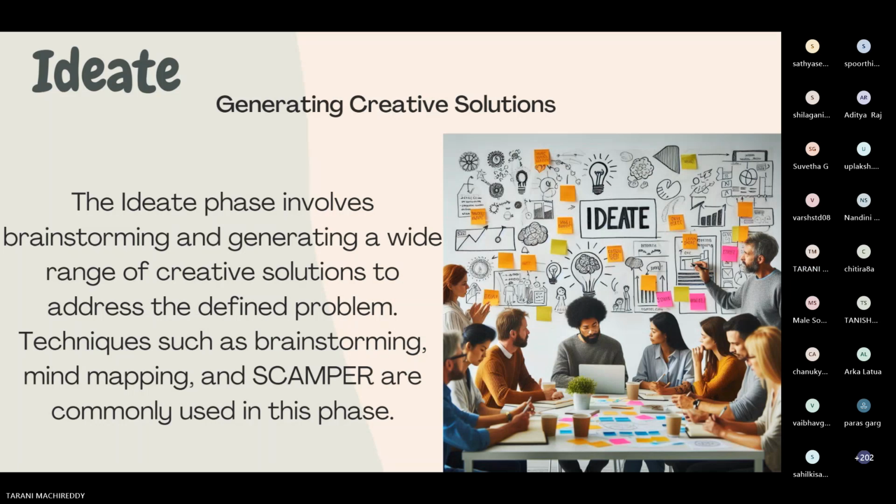As mentioned in the slide, this phase involves brainstorming and generating a range of creative solutions to address the defined problems. We use techniques like brainstorming, mind mapping, and scramble, which we learn more about in coming slides.